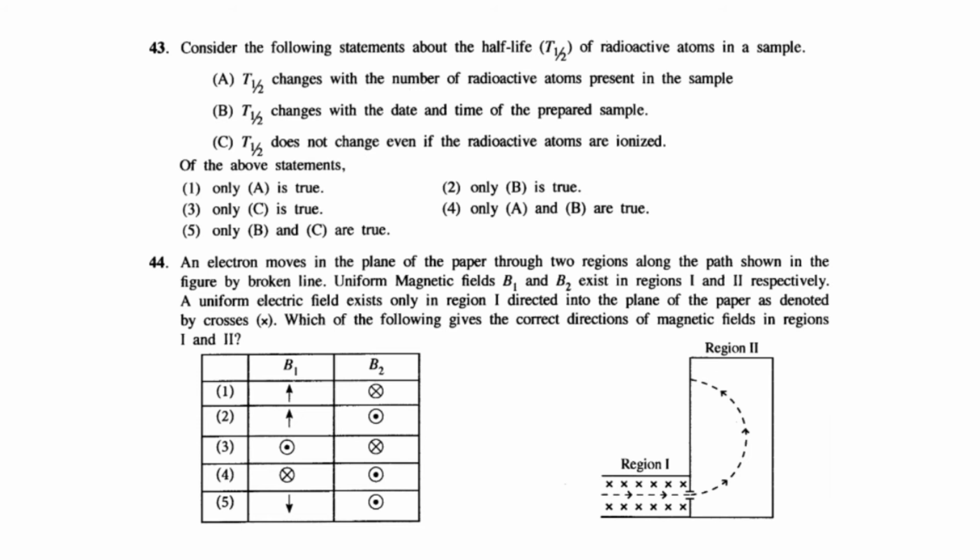You can keep your three fingers of the left hand perpendicular to each other as described before, and your thumb to the direction of the force which is towards the center of the circle, and point your middle finger to the direction of the motion of the electron.